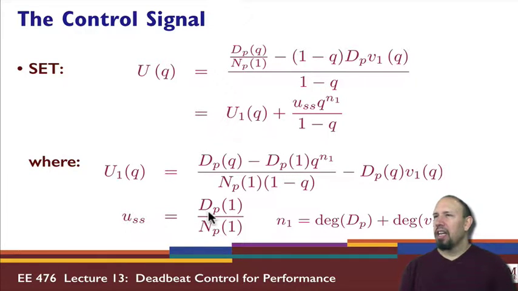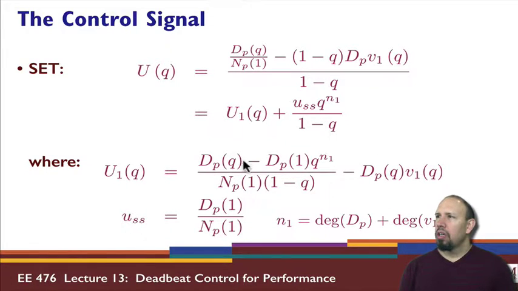And so U1 takes into account V1, and the degree of V1 determines this value N1. N1 is the degree of dP plus the degree of V1 plus 1.